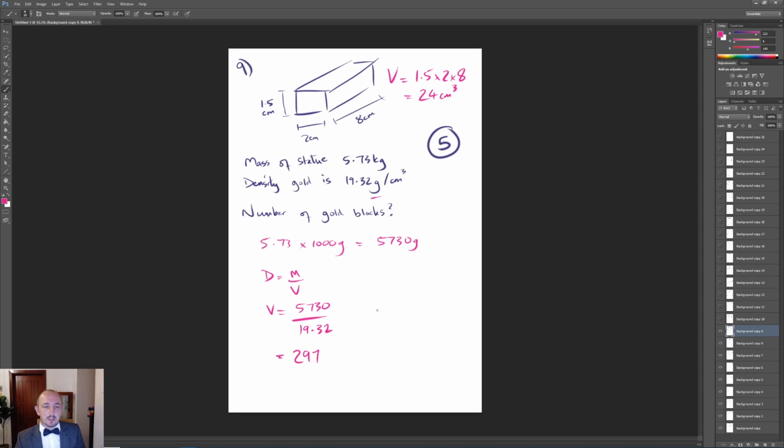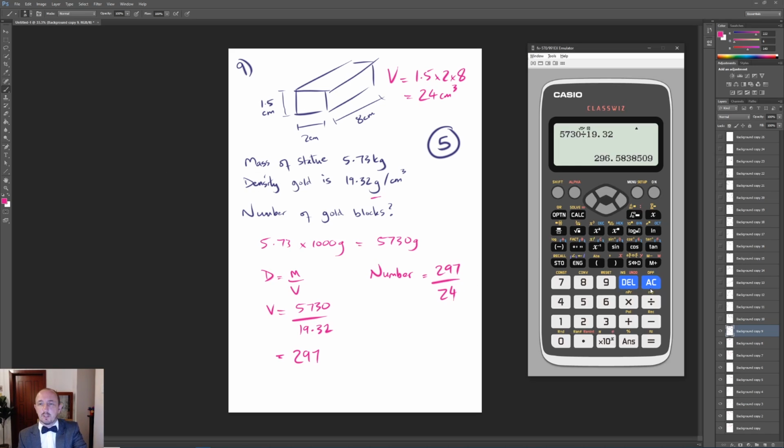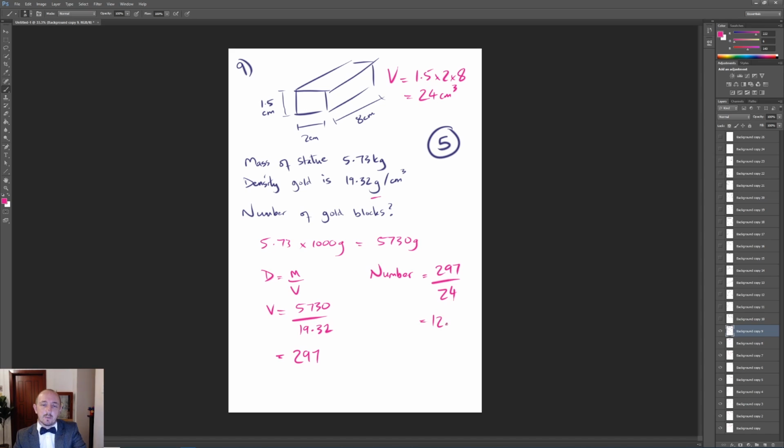Okay, so the number of blocks is going to be 297 divided by 24. We've still got that value in our calculator, so we divide that by 24 and we get 12.3. So because we need to melt down that 13th block to actually finish off the statue, we'll have some left, so we need 13 blocks in total.